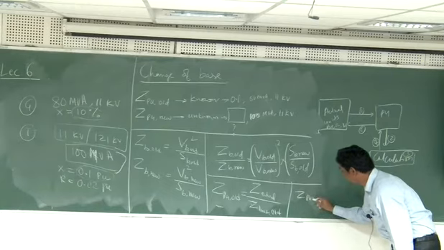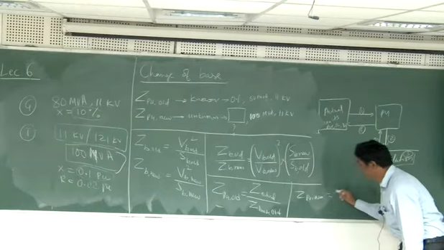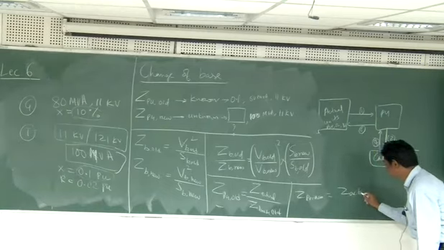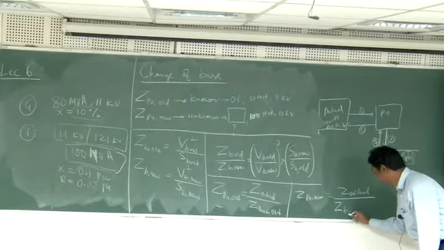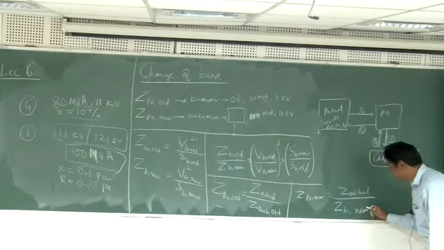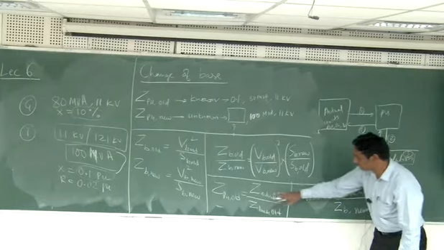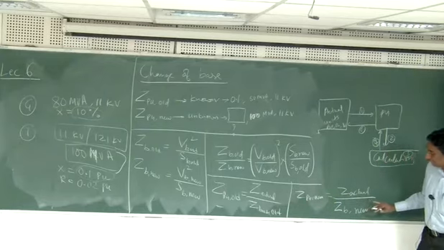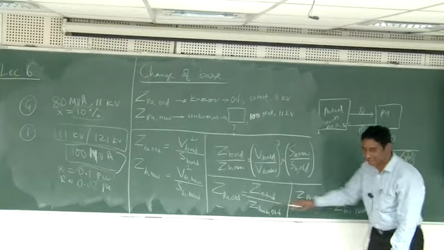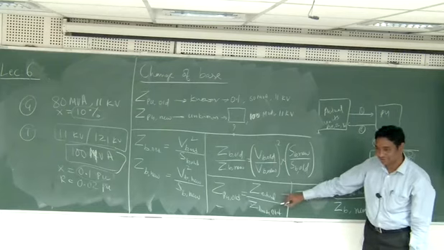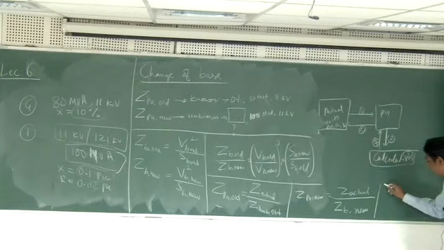Z per unit new. What is that? Z actual divided by Z base new. Now if I divide this by this, this will be in the numerator, this will be in the denominator. So these two will get cancelled. So I'll get something like this.